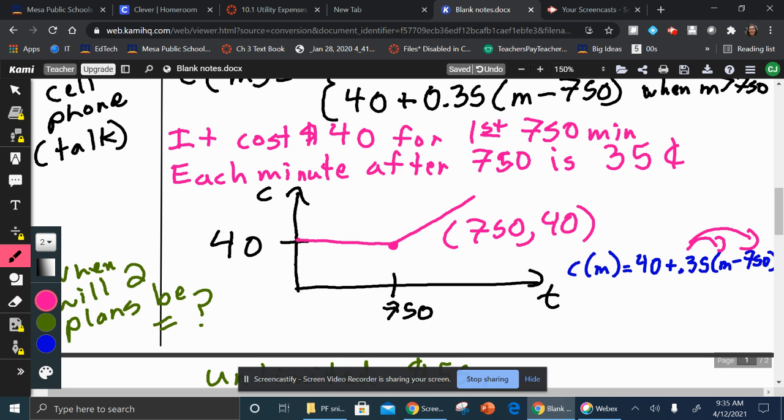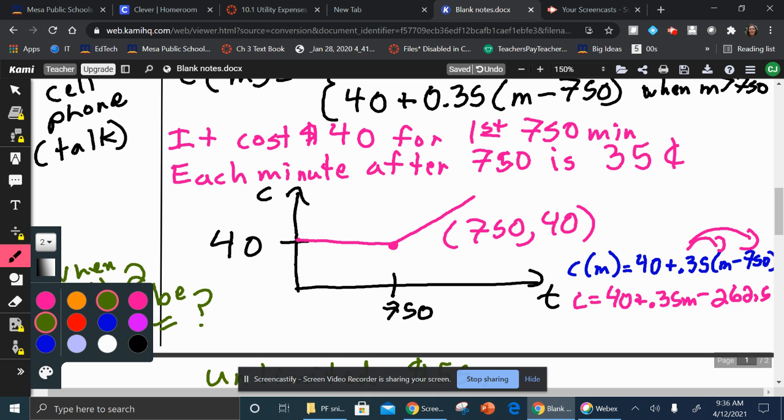So we need to distribute this. So I got $262.50, okay? And now we need to combine like terms.